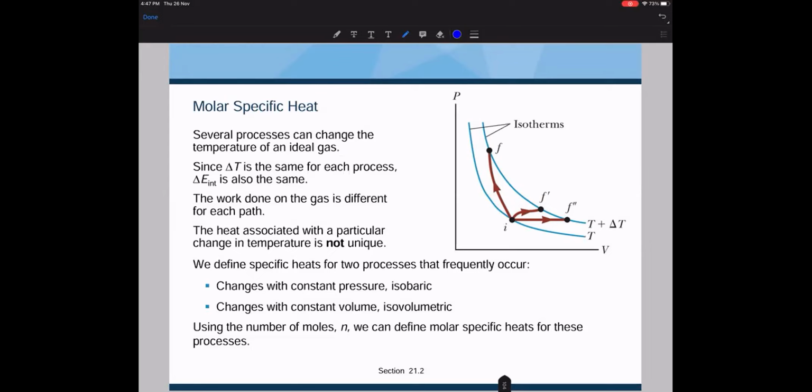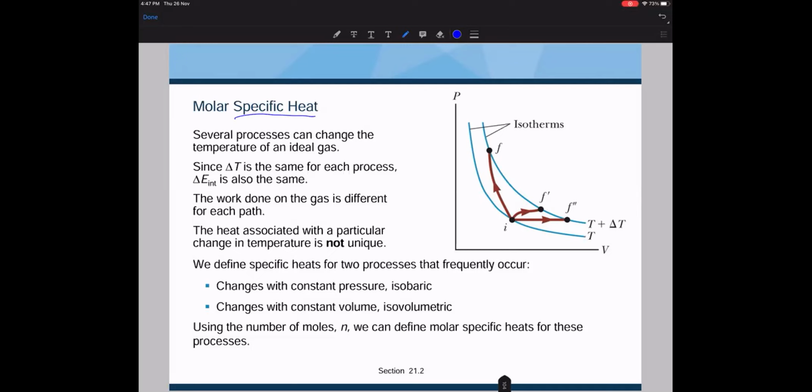And that would be related to the amount of heat supplied to the system. So here, we try to understand what is the specific heat for heating up 1 mole of gas molecules.